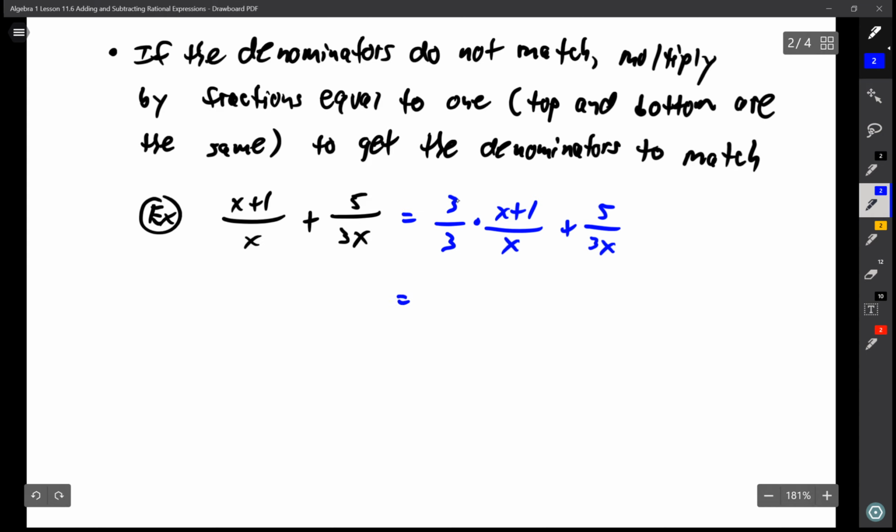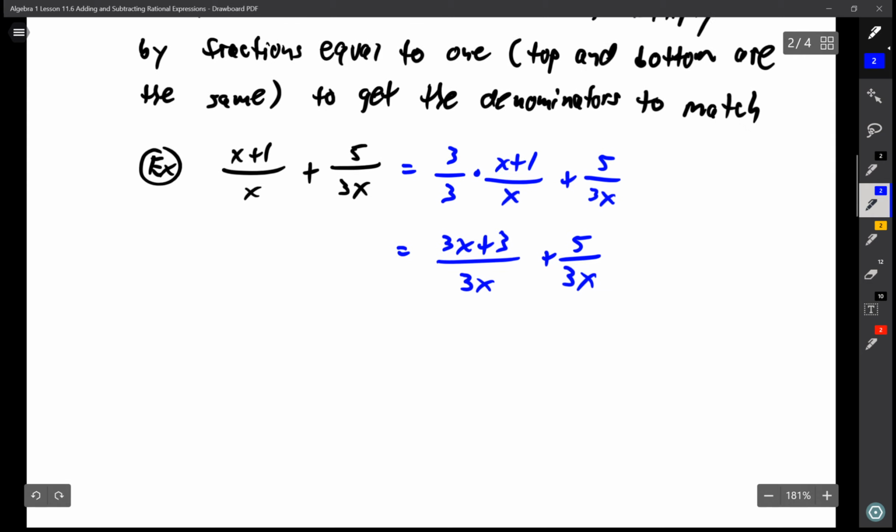So this 3 gets multiplied by that whole numerator, just like we were saying we have to be careful when we subtract, that we subtract the entire numerator. In this case, when we're multiplying by 3, we have to be careful that we multiply the 3 by the entire numerator or denominator, but there's no distribution to happen with this denominator. So this is going to give us 3x plus 3 over 3x plus 5 over 3x.